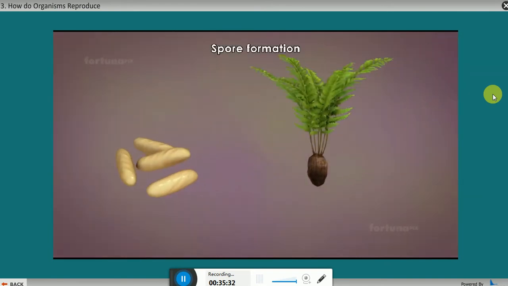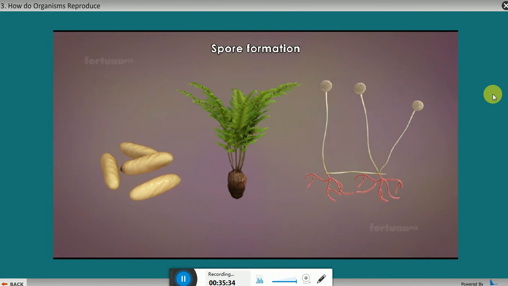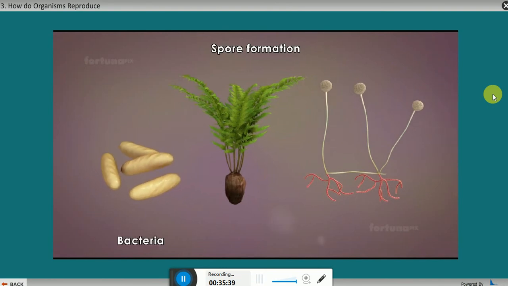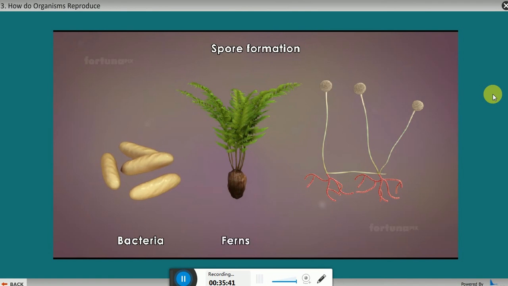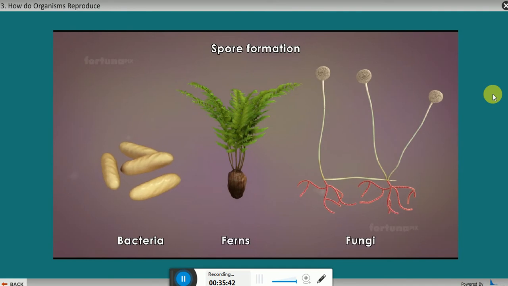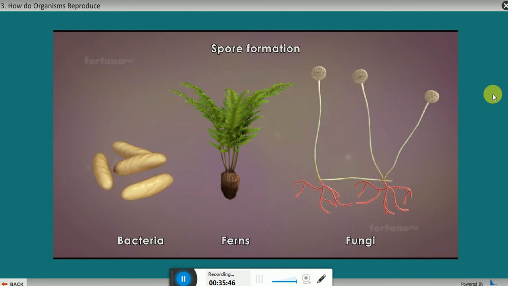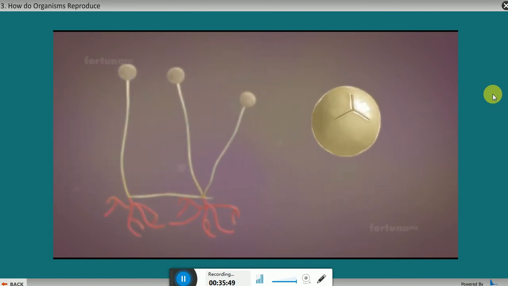Spore formation is another form of asexual reproduction. Some bacteria, ferns, and fungi, such as mucor, commonly called pin mold, will produce minute, thick-walled structures known as spores.